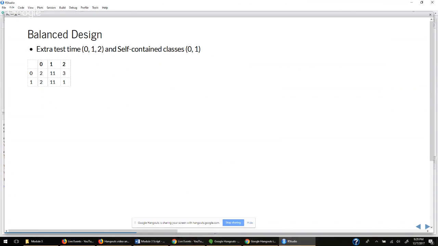So 0, 1, and 2 represents the extra time on test, and 0 and 1 is self-contained classes, and we should have 5 observations of each one of those combinations. And ANOVA is really sensitive to unbalanced designs, so this was a red flag for me. Using an unbalanced design doesn't completely render the results of an ANOVA useless, but it does mean you have to interpret the data with caution.